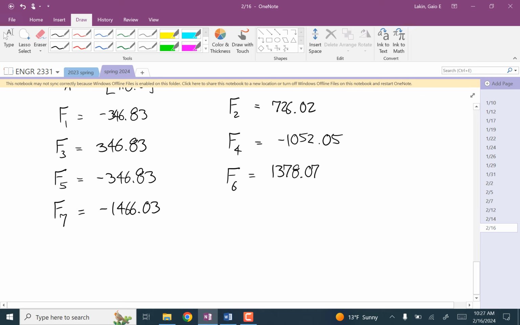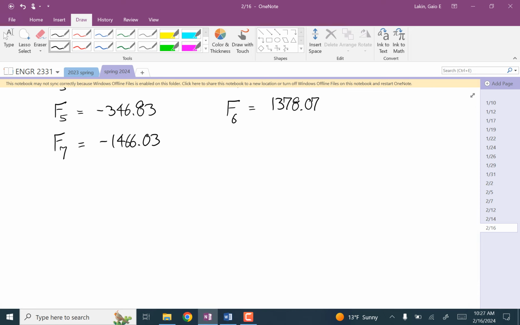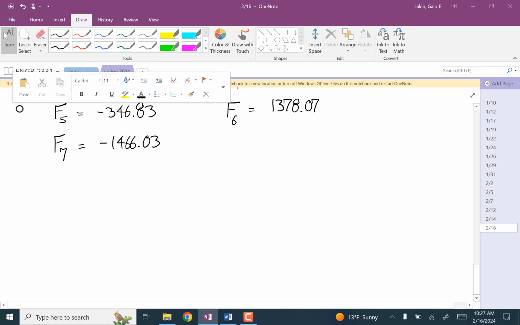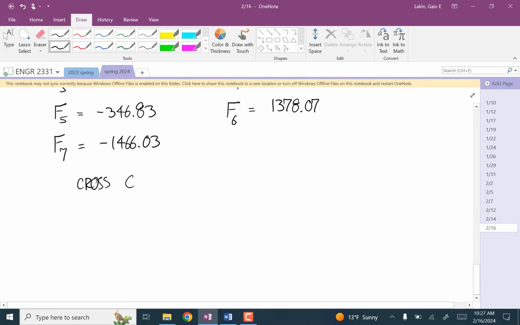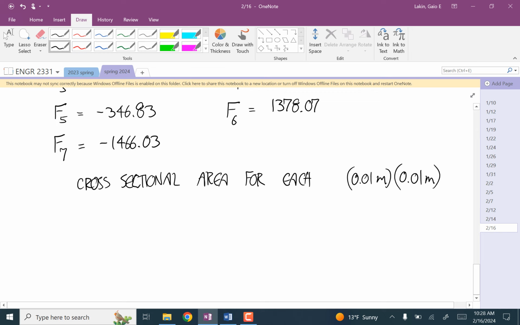Okay, well, so the cross-sectional area for each one, let's say it's a square cross-section of 1 centimeter. And so the area is 1.0 times 10 to the minus 4.